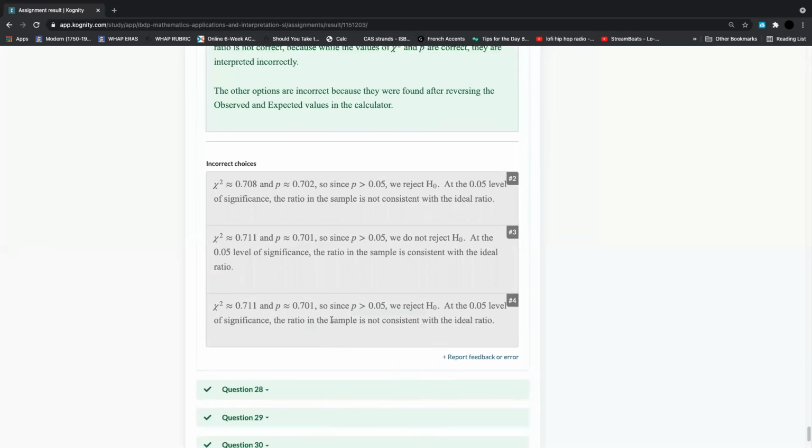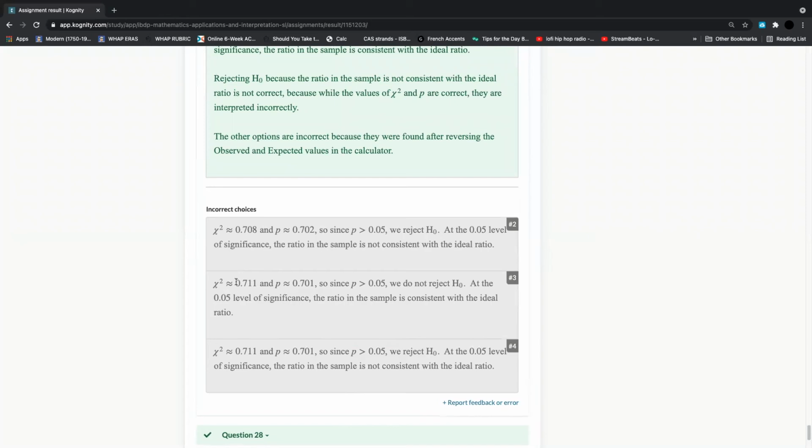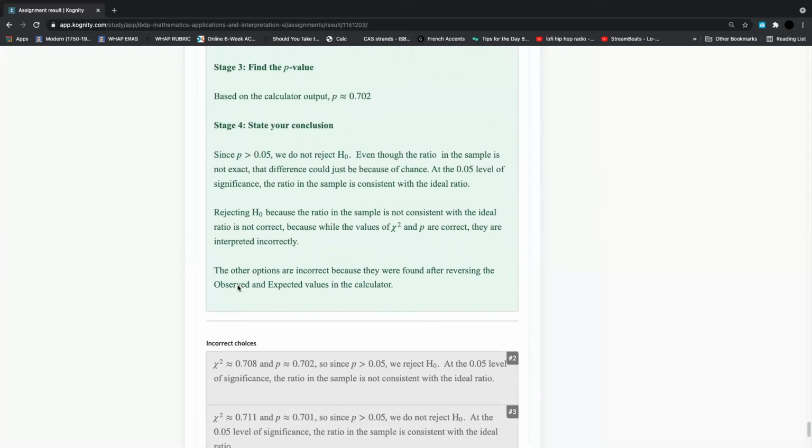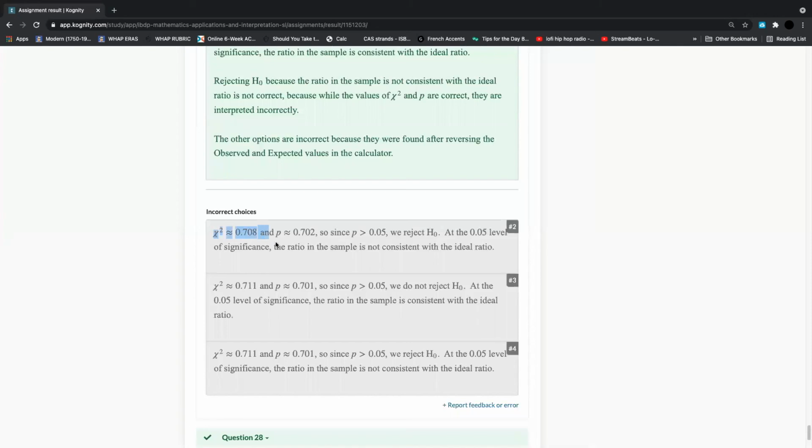So looking at the answer choices, you could automatically eliminate 0.711 and 0.711. You can eliminate these two. Okay, so now looking at this incorrect choice. Since the p-value is greater than 0.05, we have to accept the null hypothesis. We cannot reject the null hypothesis.